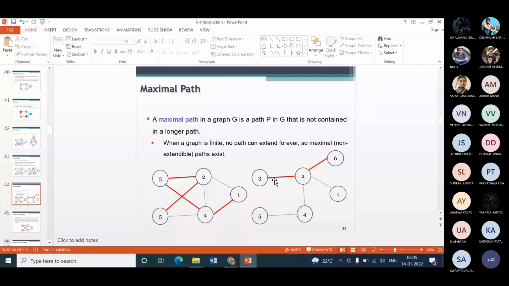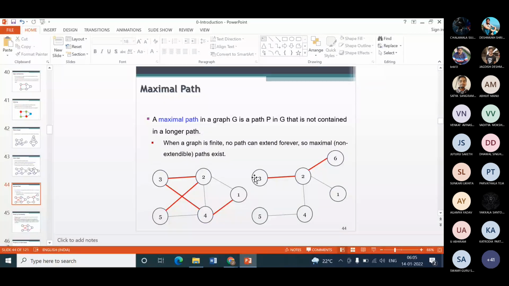This is a maximal path, but this is not the longest path. This path cannot be extended, but it is not a longest path, because the longest path could be maybe 1 to 4 5 or 6 to 4 5 or maybe 3 to 4 5. These are the longest paths. If it is the longest path, it must be a maximal path, but a maximal path may not be a longest path. 6 to 3 is a maximal path, but this is not the longest path.